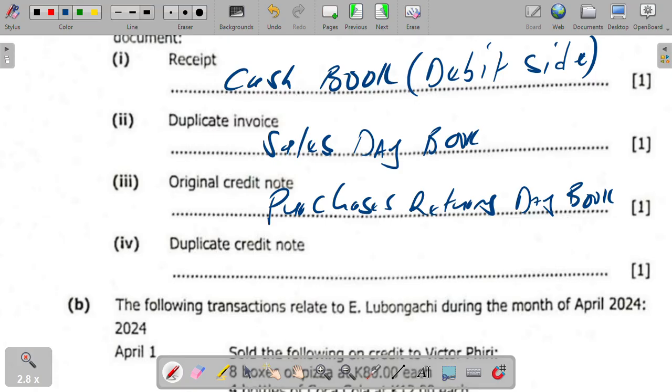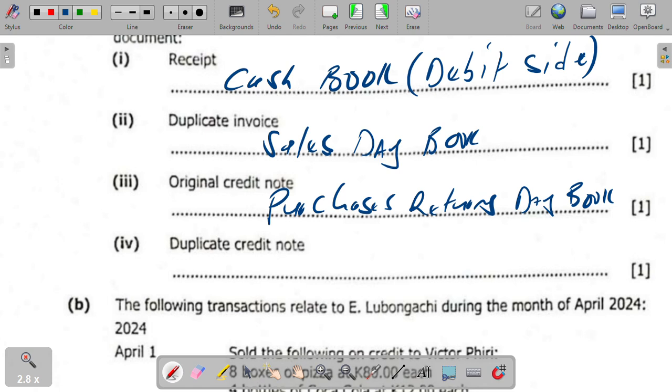That's the book that you use to record the original credit note. Are we together? This is where you record the original credit note, the purchasers returns day book.